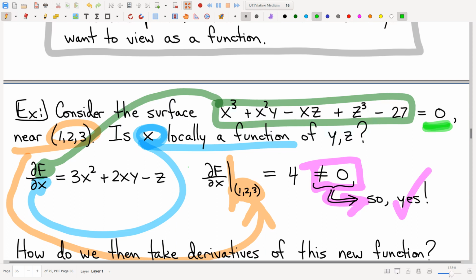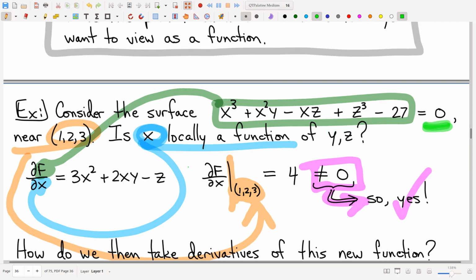That doesn't mean that I will have the algebraic chops, or even that algebraically it would be possible, to literally write x equals and have a formula I can write down. In this case, for example, I don't know how to solve cubics. I guess it can be done, and if I put my mind to it, I'm sure I could. But make it x to the 7th, and no, you can't actually do the algebra.